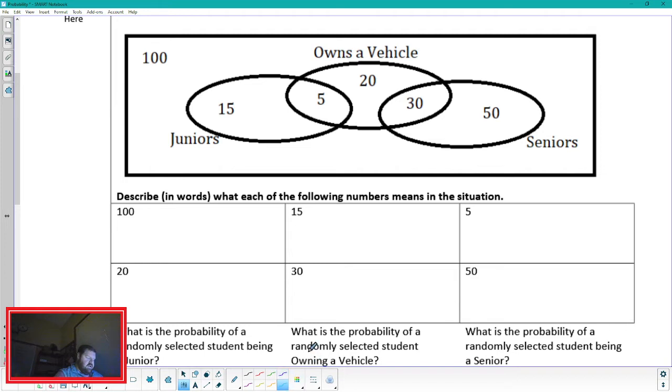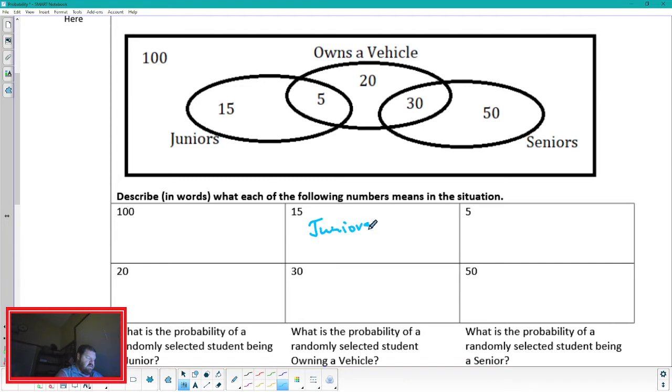The first thing I want to do is to describe in words what each one of these numbers means. Now, as I did in class, I'll do the same here. 100 is actually a tough one to start with. So I'm going to start with the 15. Now, a lot of people would say that the 15 is the number of juniors.